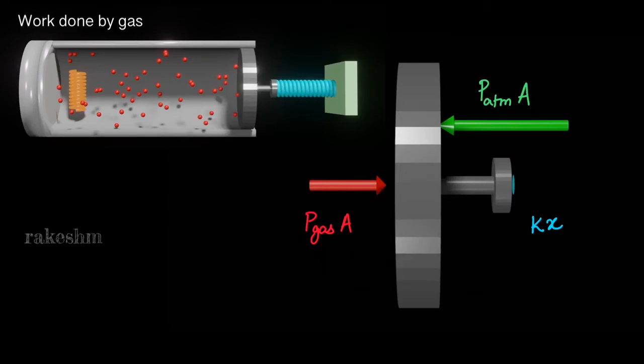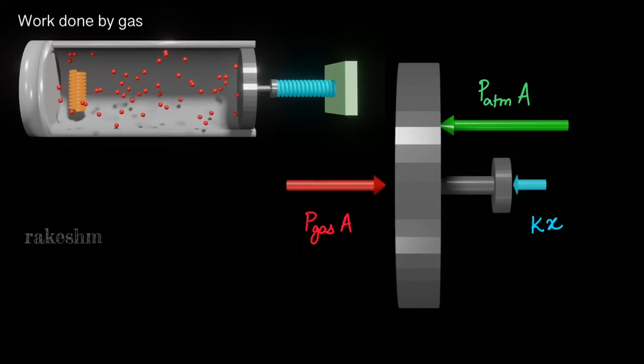Another important thing is this is a quasi-static process, so we can say that this piston is always in equilibrium. So the net force on this piston must be 0 at all times during the thermodynamic process.